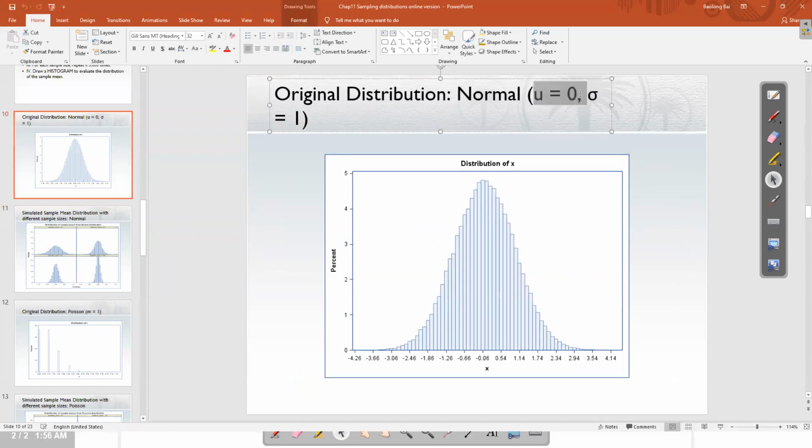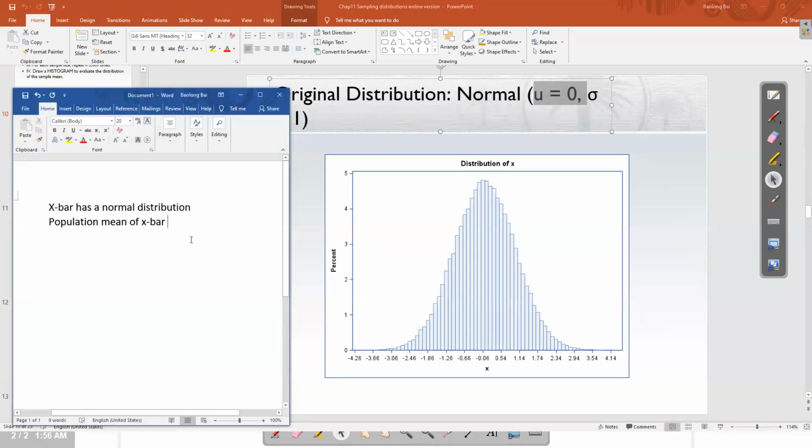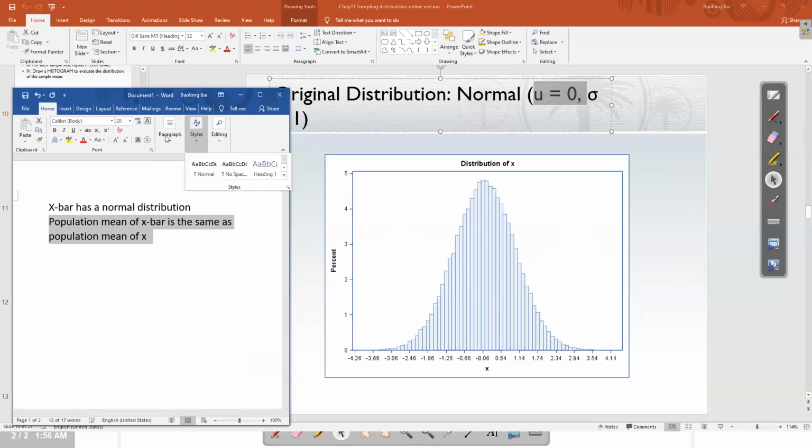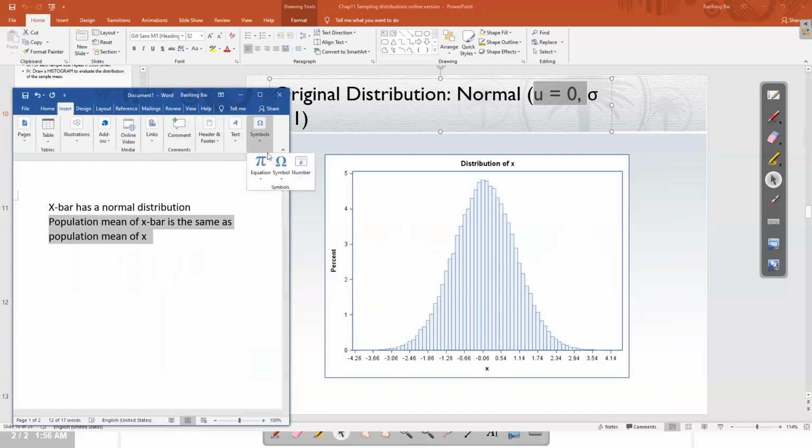It is 0, normal 0, 1. So the population mean of X bar is the same as the population mean of X. Maybe you can use a symbol instead of typing it. It's a lot easier. So if we use mu for population mean, basically mu of X bar is the same as mu of X, right?